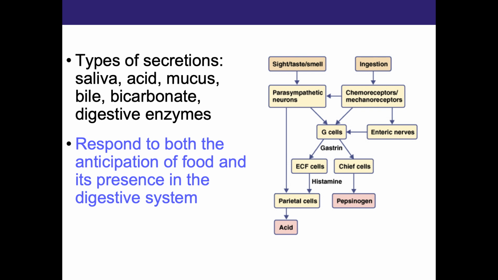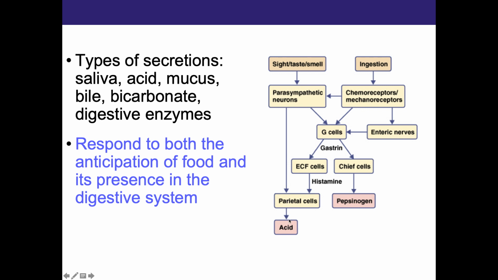But here's a nice flow chart giving you some information about the phase where you just are looking at and smelling food. You already get some parasympathetic nervous system activation and acetylcholine release. Parietal cells are now secreting some acid.